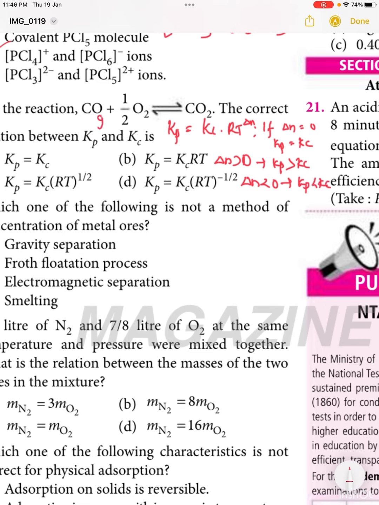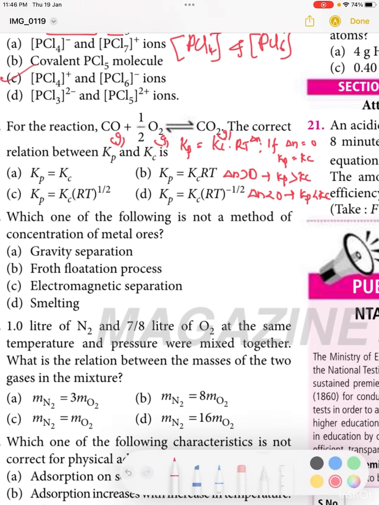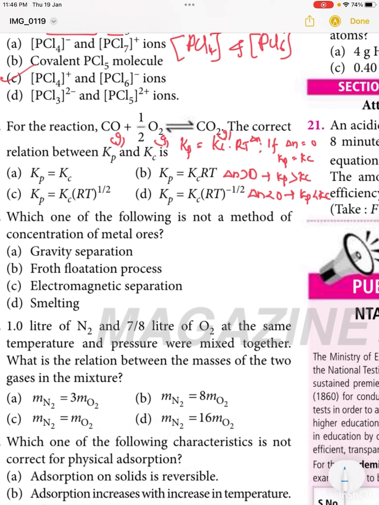So here CO is gas, oxygen is a gas, CO2 is also gas. So let us see. Delta n is equal to number of gaseous products minus number of gaseous reactants.